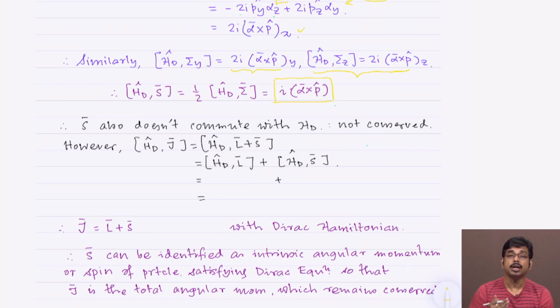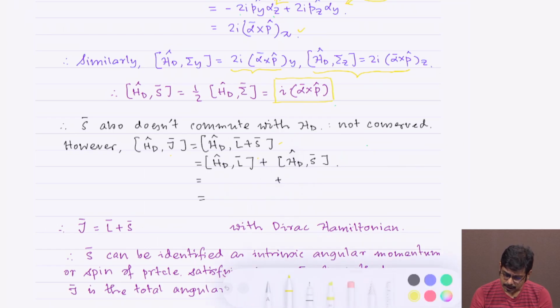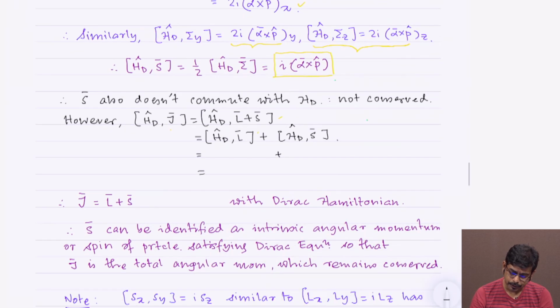Therefore S, the intrinsic angular momentum that we constructed, also does not commute with the Dirac Hamiltonian. But now let us see what happens if we take the commutator of H_D with the total angular momentum, which is L plus S. So the commutator of H_D with J equals the commutator of H_D with L plus the commutator of H_D with S. Now tell me what we are going to get.